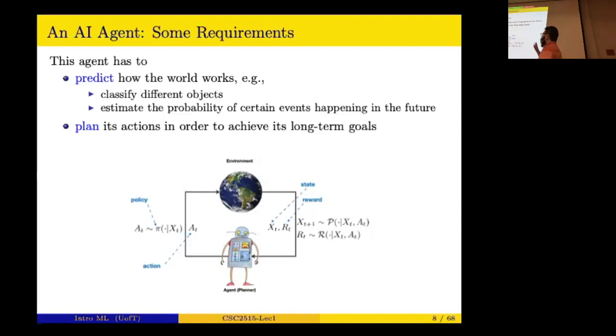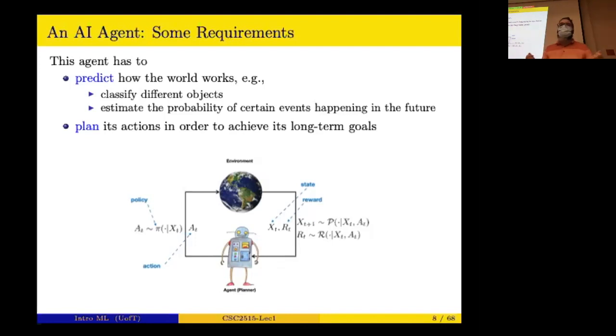The other part is planning. It should plan its actions in order to achieve its long-term goals. So it knows what happened in the world because it can predict what happens in different situations, but it should also be able to plan in order to achieve its goal. So prediction and planning are two important capabilities of this agent.